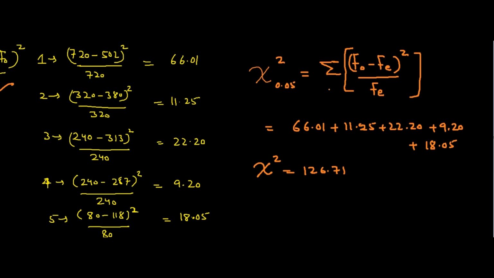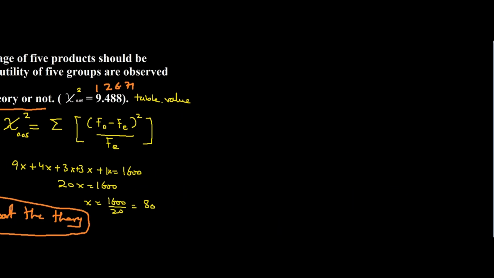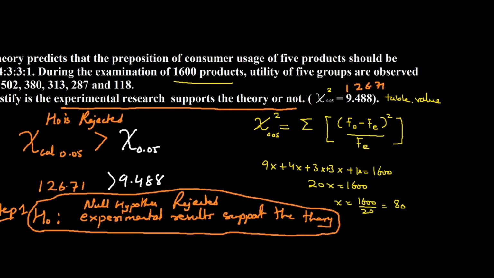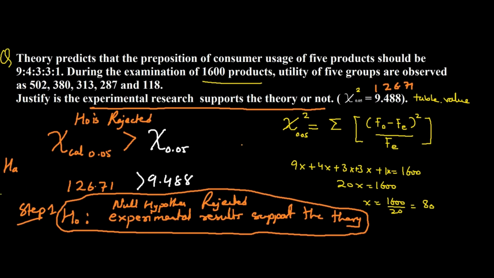We have to add all the values for whatever we got. That is our chi-square at 0.05 level of significance, because the values are given at that for the estimated and all, and we need to check whether it is less than the tabulated value or the theoretical value or not. But it is greater than that. If it is greater than that, it means the null hypothesis is rejected.